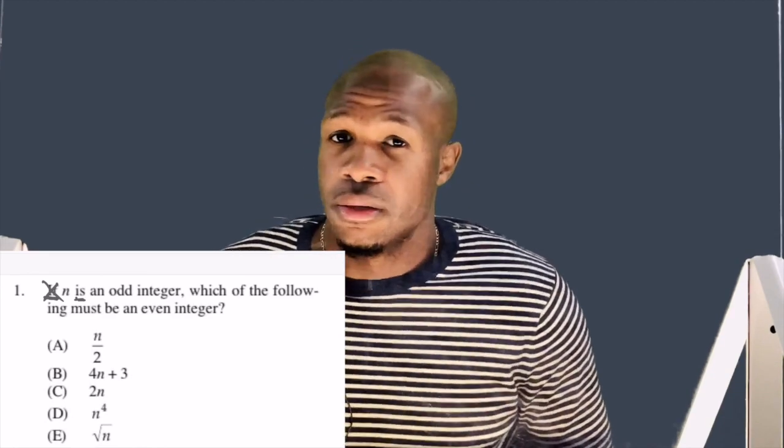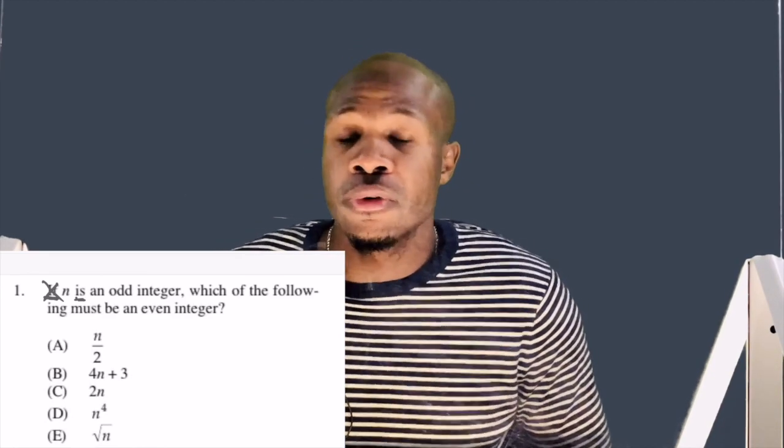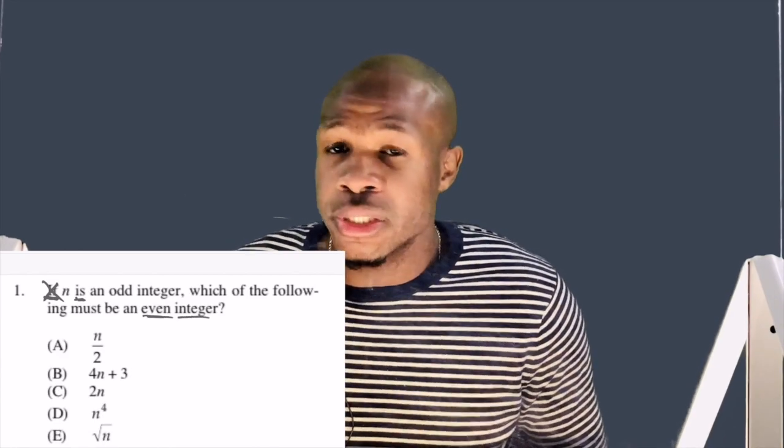Now that we've established that n is an odd integer, well, which odd integer is it? Well, they didn't specify, right? They didn't say exactly which odd integer it is. So that means that you can pick whichever one you want. Which one do you choose? Well, you choose the one that will make it most convenient for you to be able to answer this question. Okay?